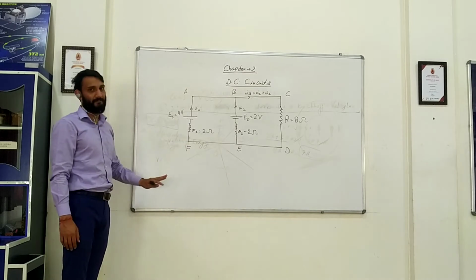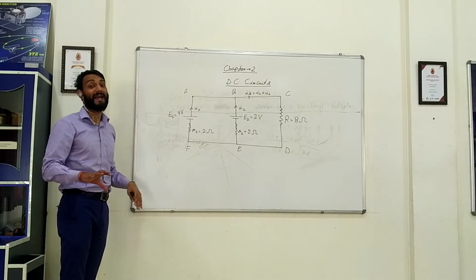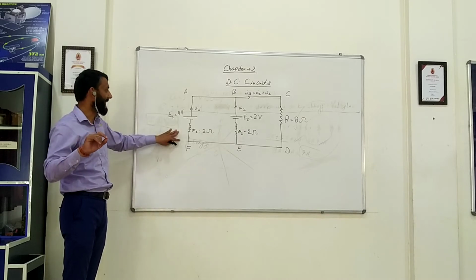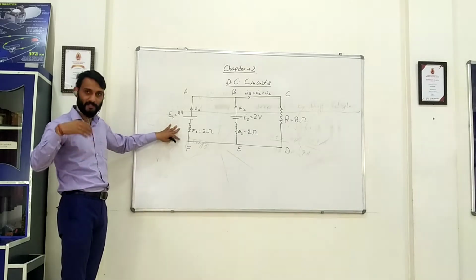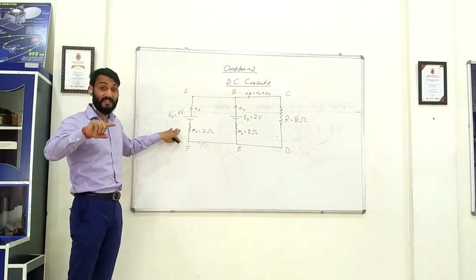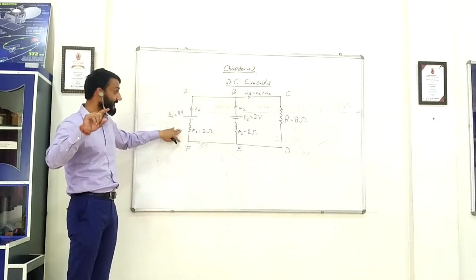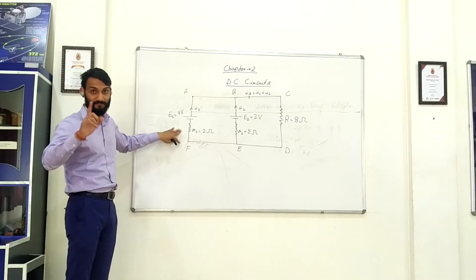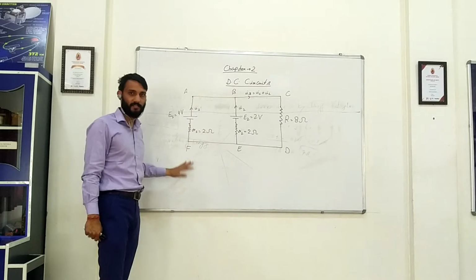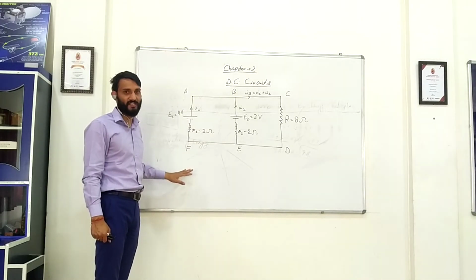Now in this diagram the first law is already applied. What we have to do in the first law is draw the directions of the current, and the directions of the current are already drawn in the question. So we need not do anything.